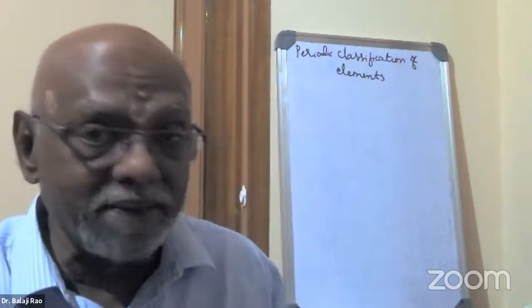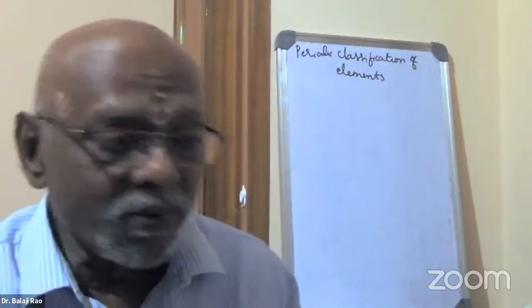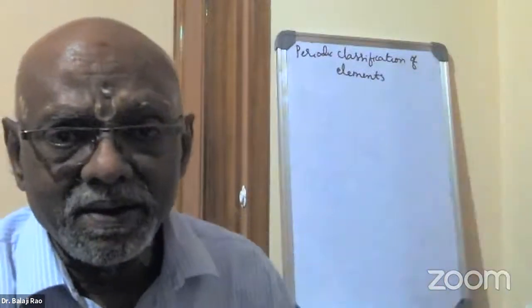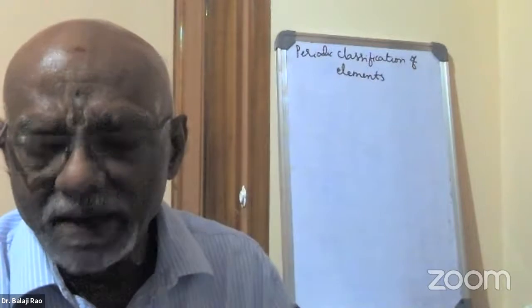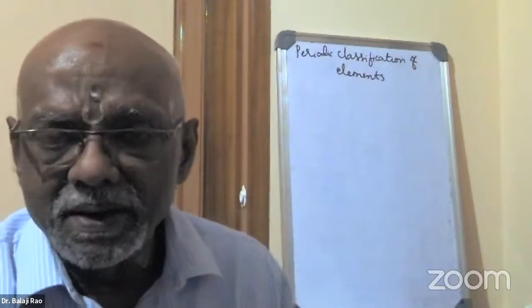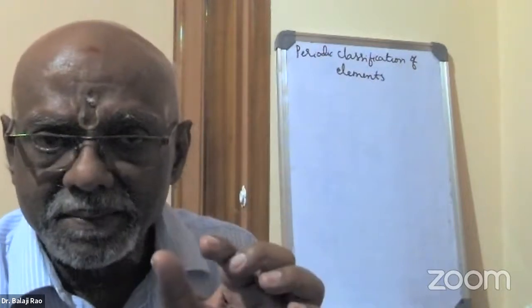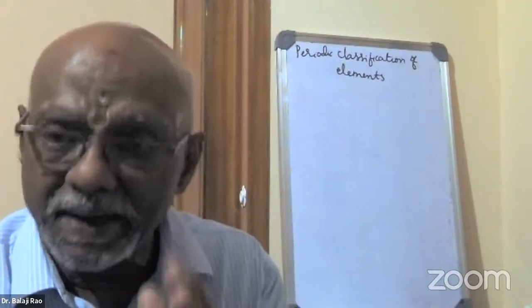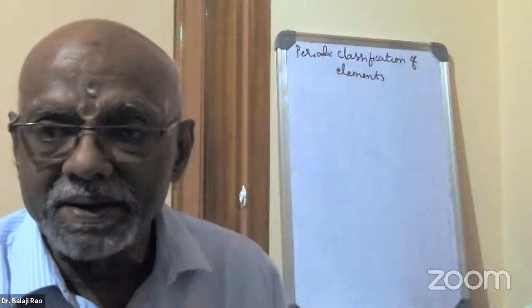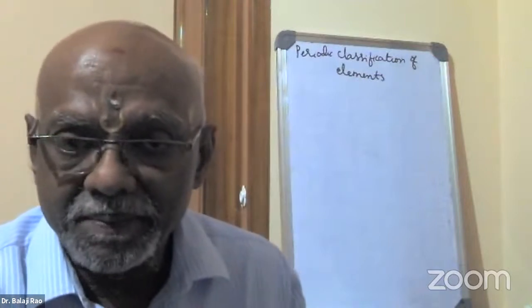I'm going to give you a timeline. I'm not going to write it because the timeline is pretty long. I'll read it out very, very slowly, and I'll give you pauses in between. You can write the timeline and then begin to realize how the periodic table was really formulated.